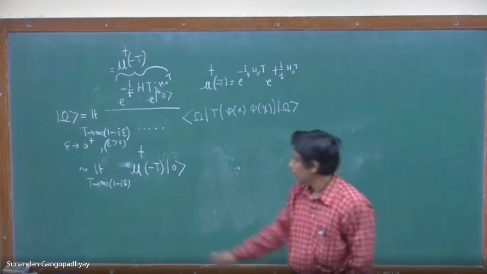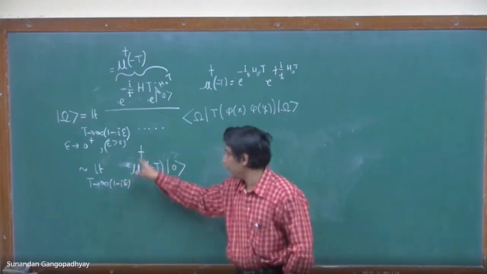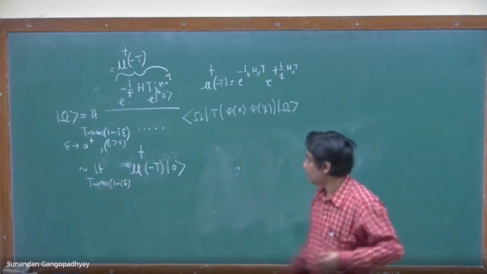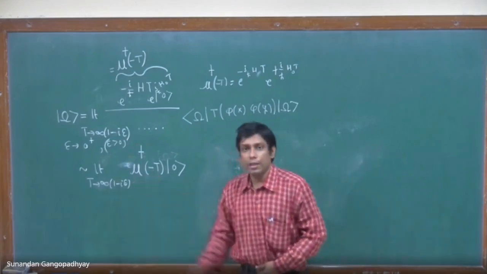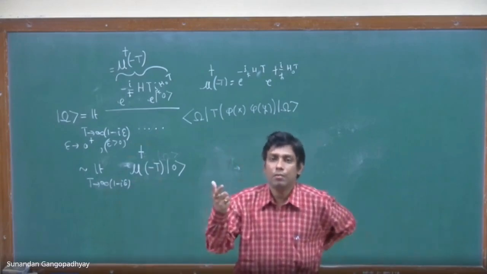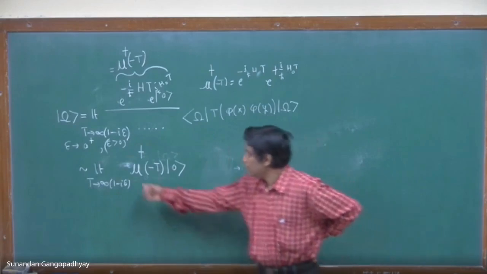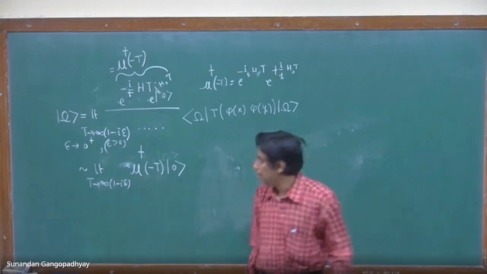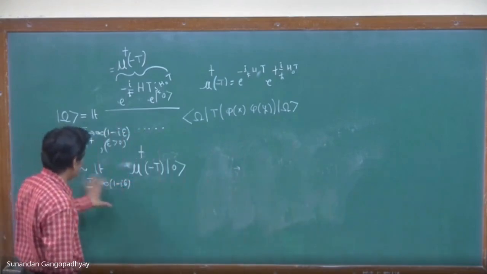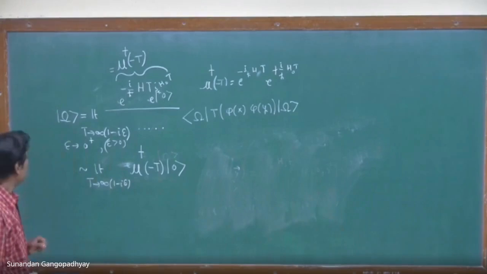And the relation is through this evolution operator, u dagger. And you know what this is. This u operator basically evolves via the interaction part of the Hamiltonian in the interaction picture. And then you have to take the limit t going to infinity. Okay? So this is what this thing is.